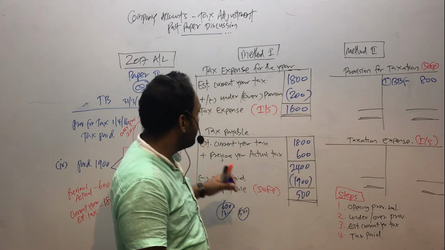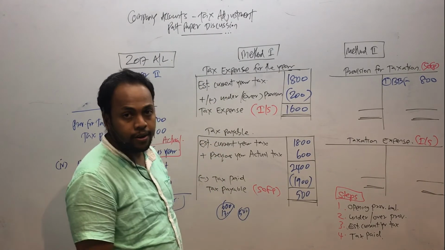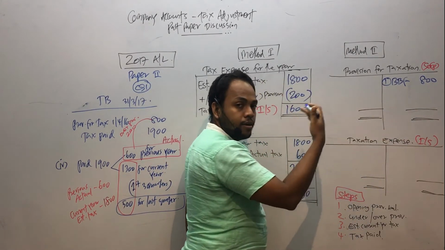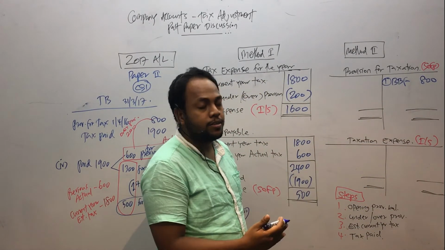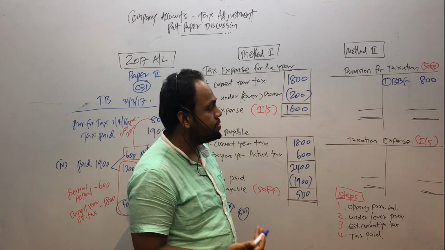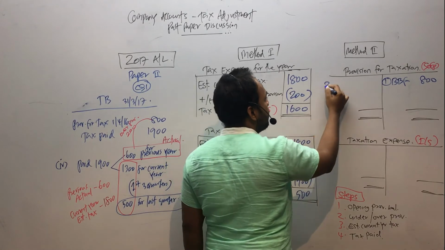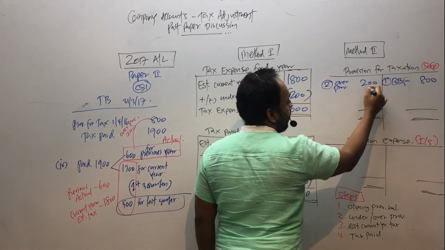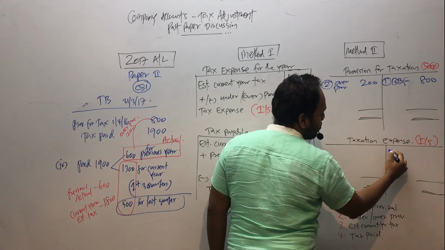Here we have an over provision of 200. You have provided more, that should be deducted. You have credited 800, which is payable. Now 800 is not the tax, tax is 600. So debit the over provision 200, and your expense will reduce.